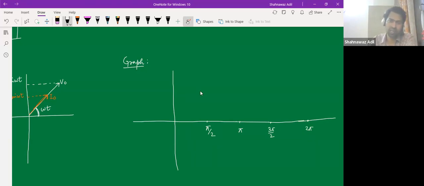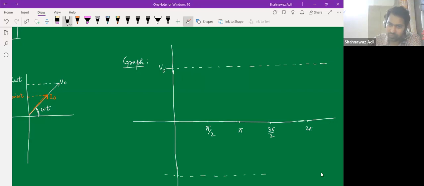And we know the maximum values. What are the maximum values of voltage and current? For voltage, the maximum value is V naught, and the minimum value is minus V naught, right, Mir?